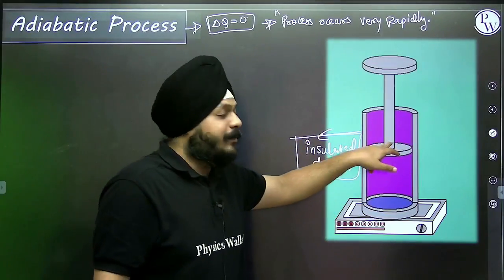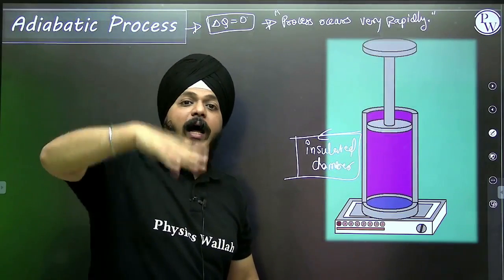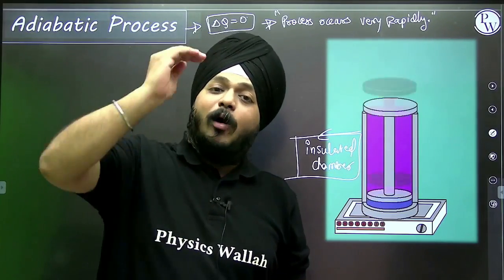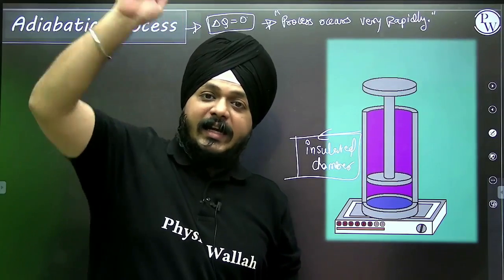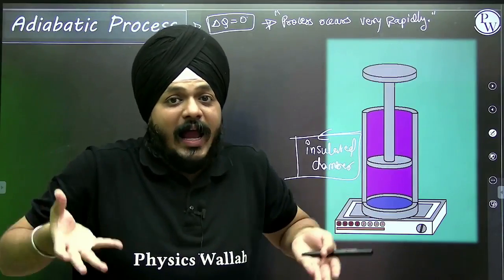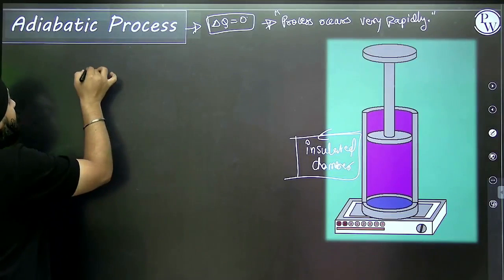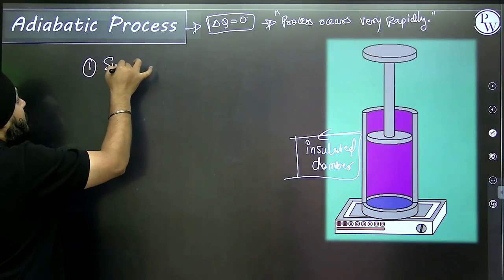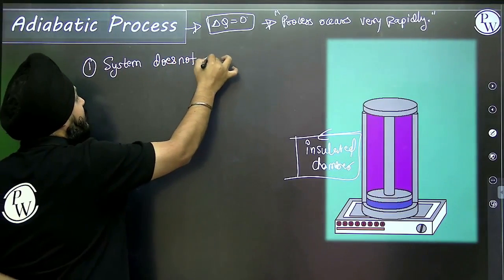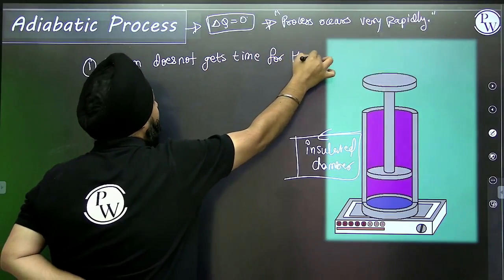If I'm talking about, say, the same example of the piston, if the piston is moving up and down at a very high rate, such that the system does not get time to exchange the heat. Most important point: the system does not get time for heat exchange.